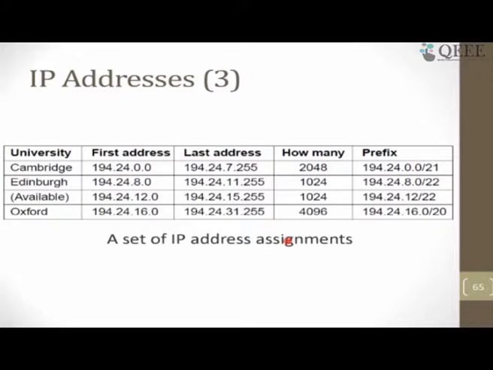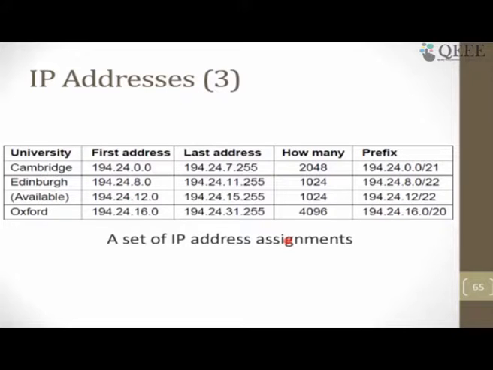Still I need 1024 addresses. Then what will I do? It will be like 194.24.16, and I think this will be 32.0/22.